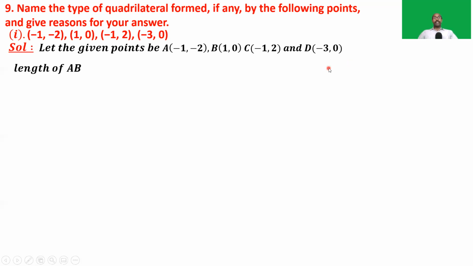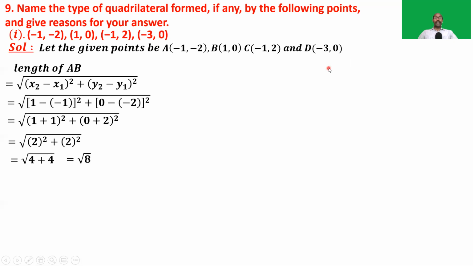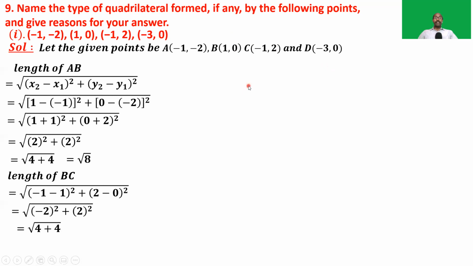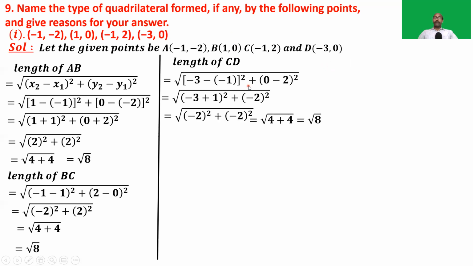So first, length of AB is under root x2 minus x1 whole square plus y2 minus y1 whole square, which is equal to root 8 units. And length of BC is equal to under root minus 1 whole square plus 2 minus 0 whole square, which is equal to root 8 units. As well as length of CD is equal to root 8 units.